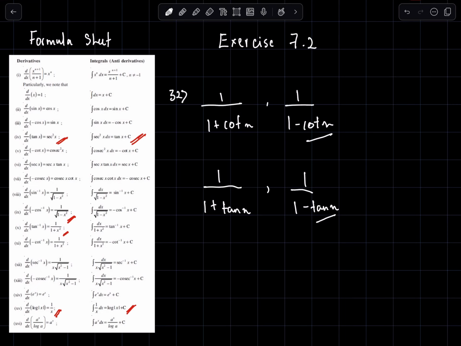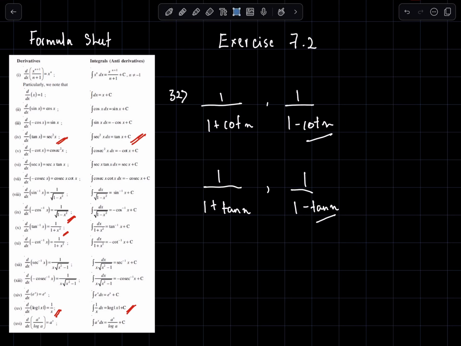Because if you substitute cot x, you need cosecant square x, which you're not going to get in the numerator. You might say, I can use the square identities, but those also bring cot square as well. So that's not going to work in your favor, so don't do that.